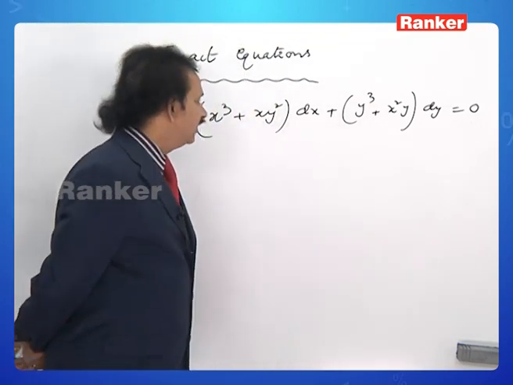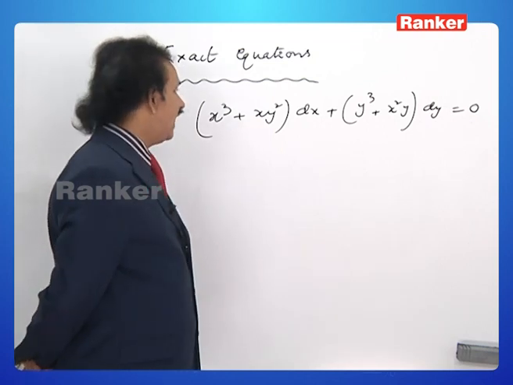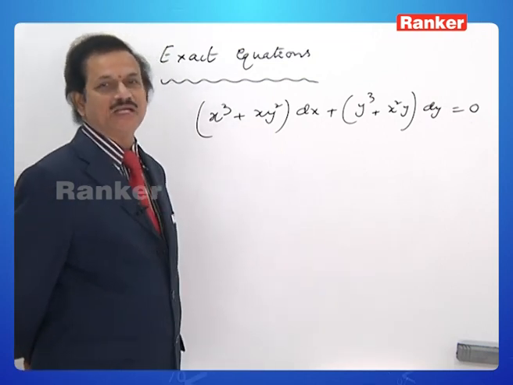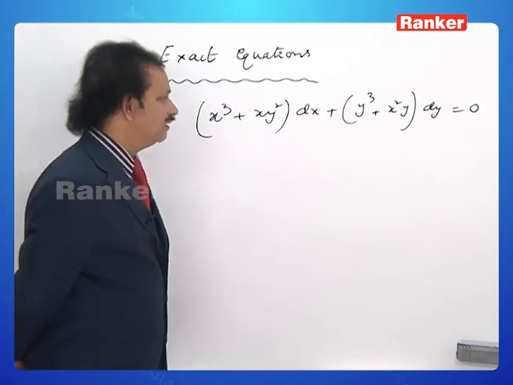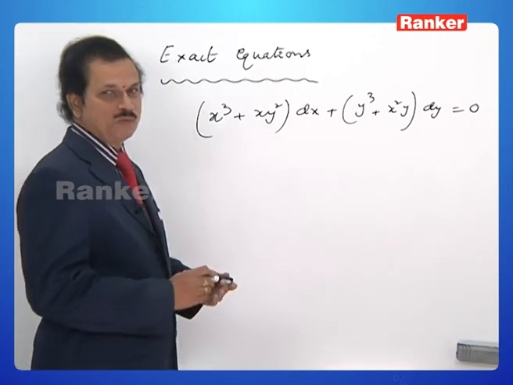Surely this looks like M dx plus N dy is equal to 0.